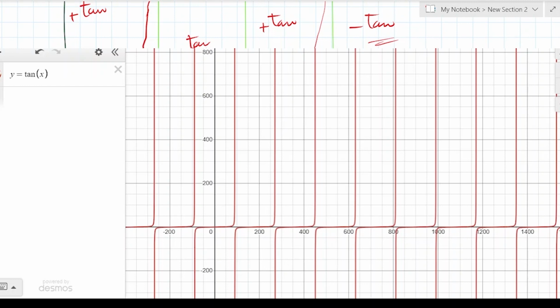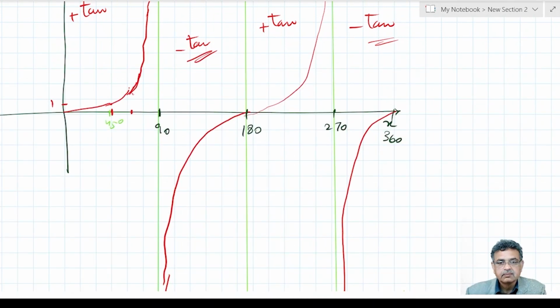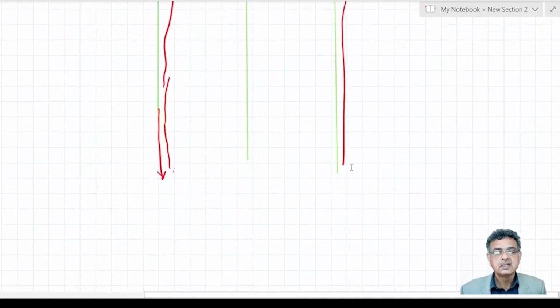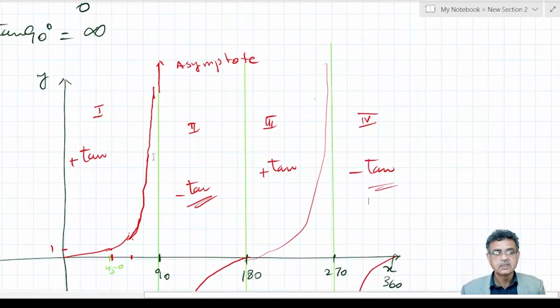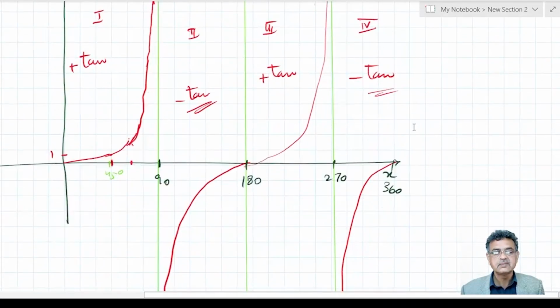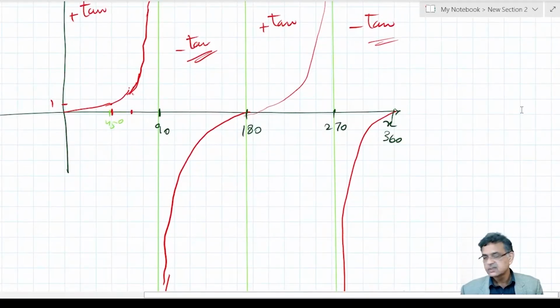So once again, let's come back to the board here. It is a little difficult to define those points which we have already discussed for sine and cos.